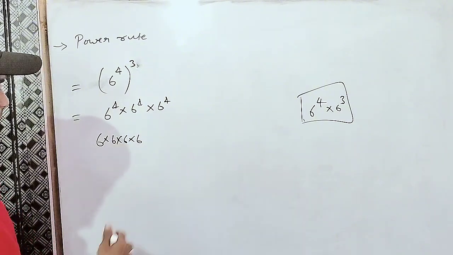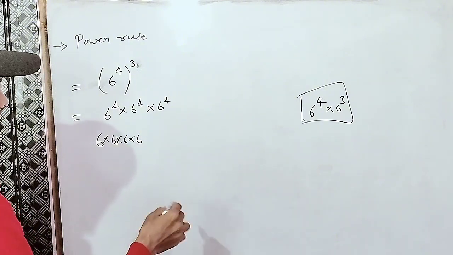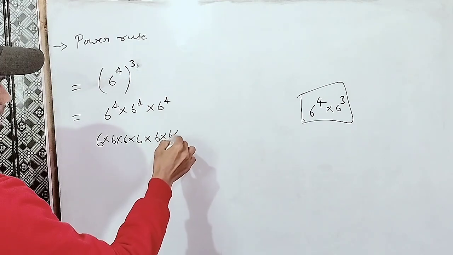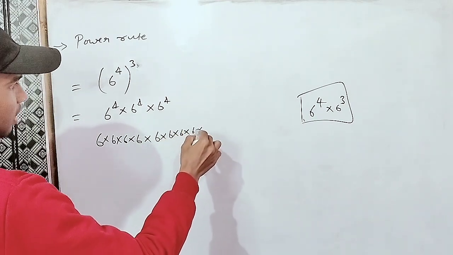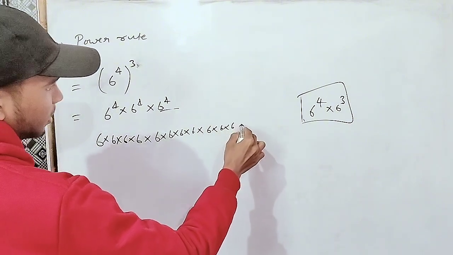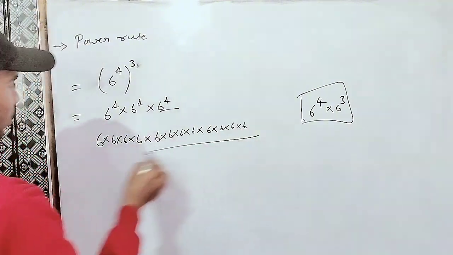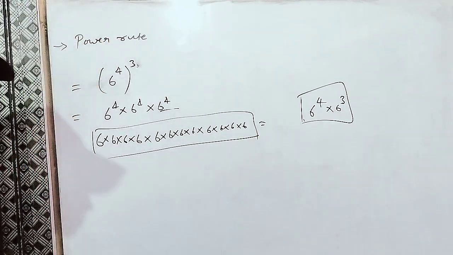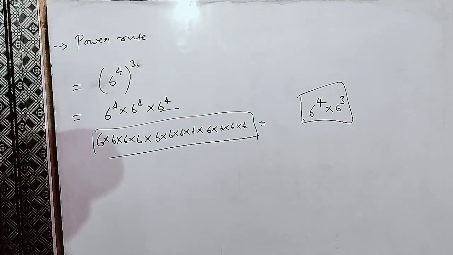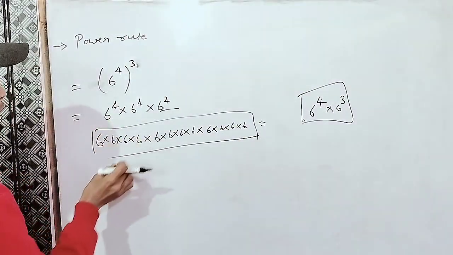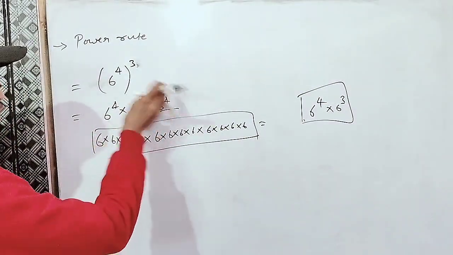We are breaking it down. Then similarly like that, then similarly this. Now you will add it, then you will get the answer. So this is a way to write in short.